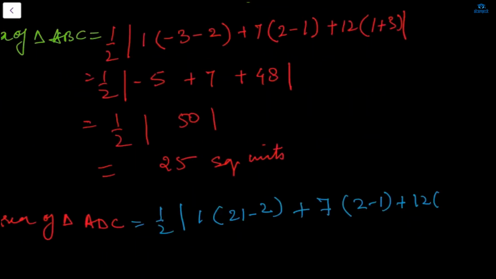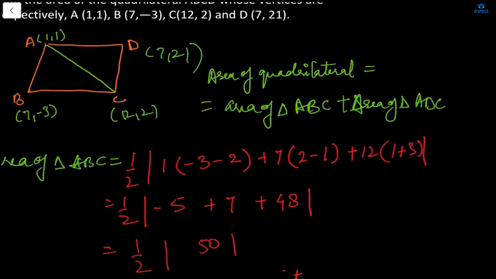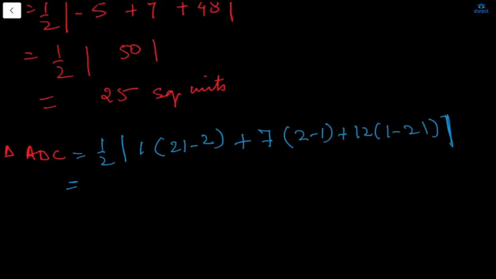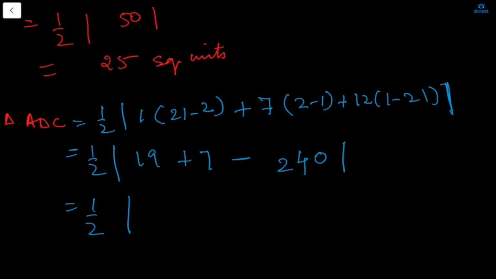So for 12 it will be 1 minus 21. So it will be 19 plus 7, and this part, 1 minus 21, gives minus 20. When you multiply with 12, you get 240, and the 240 is in minus.